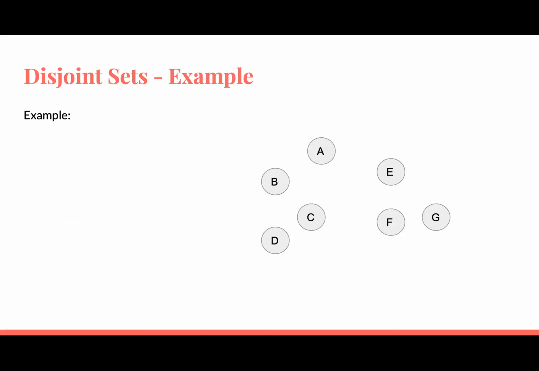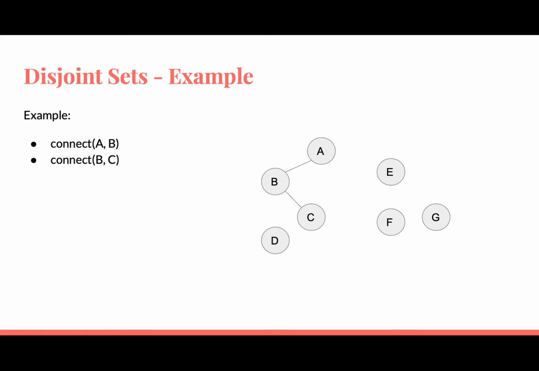Just as an example, we have a couple of items here. Each of these is going to belong to its own individual set: A, B, C, D, E, F, G. When we call the connect method, we'll take A and B and put them in the same set together. Then for B and C, we'll do the same thing.